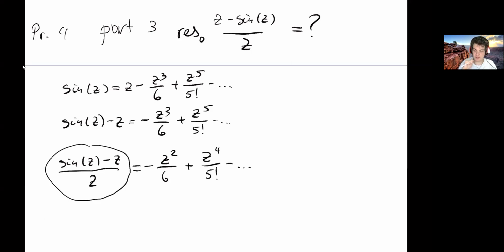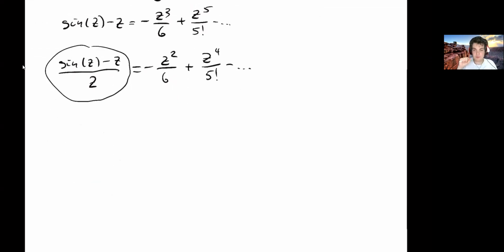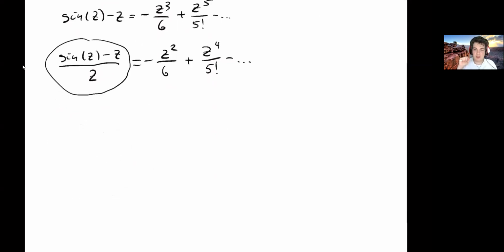Is minus 1/3 at 0. So this is actually a very nice analytic function. And yeah, so for the rest, we have some strategies.